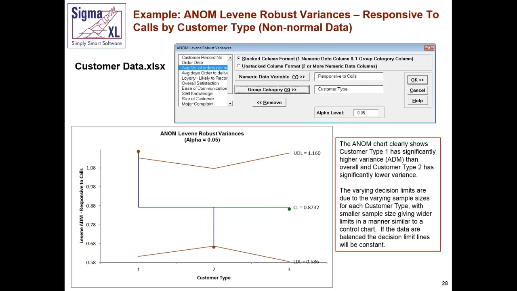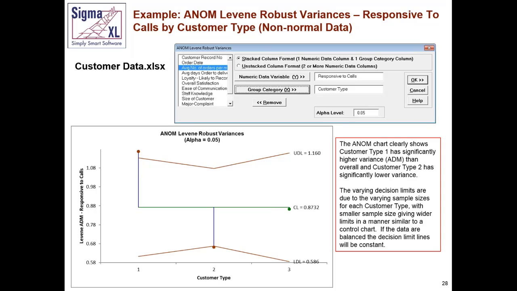And here in this particular example, we see customer type 1 has a significantly higher variability. Customer type 2 has significantly lower variability. Earlier we saw that customer type 2 had a significantly higher mean. Well, this is very important because what this tells us is that not only do they have a significantly higher mean, that's a higher mean SAT score, it's also less variable.